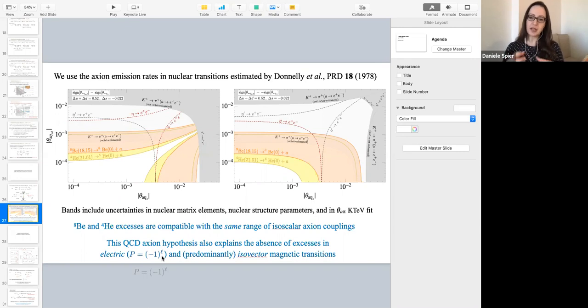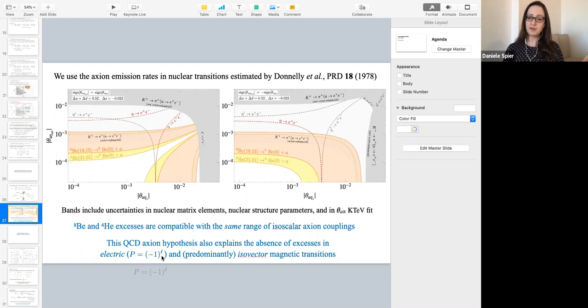This capture reaction can be resonant, which means you capture a proton and the nucleus goes into a resonant excited state, but there can also be non-resonant capture reactions. The axion or a dark photon or a protophobic vector, speculated as explanations of these anomalies, should be emitted both in resonant and in non-resonant capture reactions.